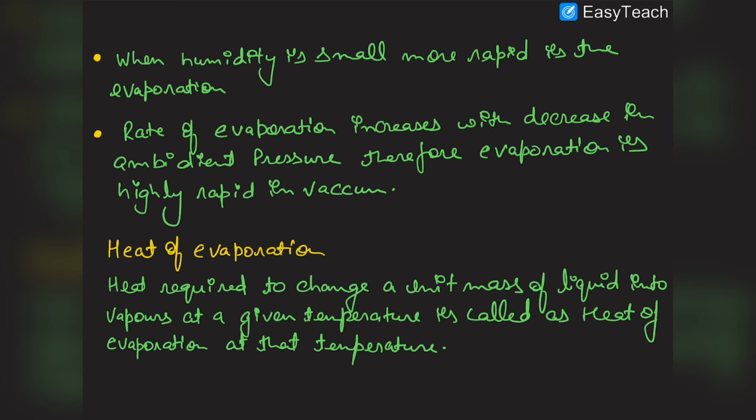But if the pressure of the surroundings is small, then there is no force restricting those molecules from coming out, breaking their bonds and evaporating. Hence evaporation would be more in low pressure. And you can also see that evaporation would be highly rapid in vacuum, because there is no restricting force restricting the atoms or molecules from evaporating.